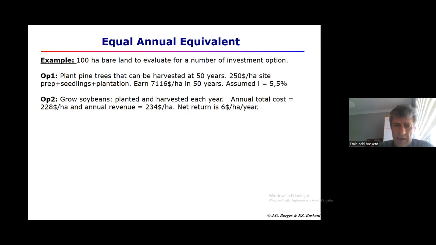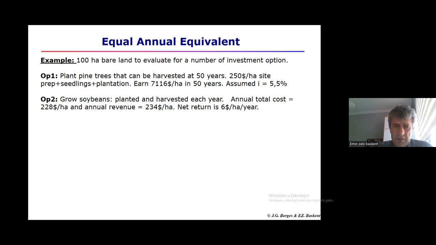What is the earning? The revenue that comes from the harvesting at the age of 50 is equal to $7,116 per hectare in 50 years. And the interest rate is 5.5%. This is the content of option one.